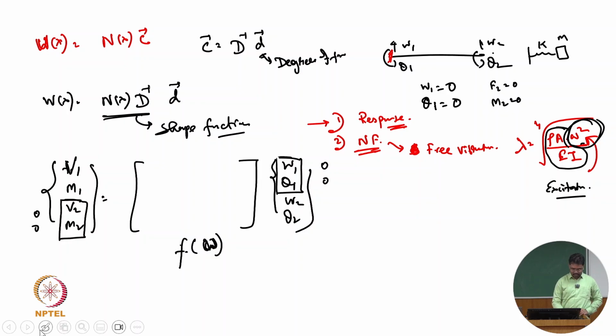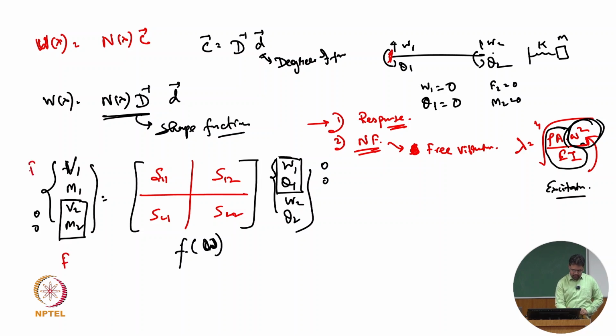Make sense? And once we have a matrix, we can also subdivide it. So if I think this is my S11, S12, S21, S22, and this is my F matrix, F1, F2, this is D1, D2, like this way.